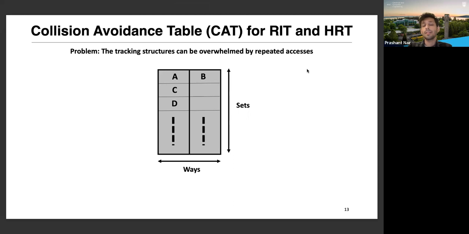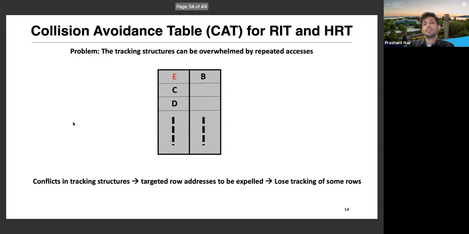Let's say you have addresses A and B, and address E comes in, A gets evicted, and this conflict causes certain rows, let's say A, to be expelled out of the structure, and we can lose tracking information for these rows.